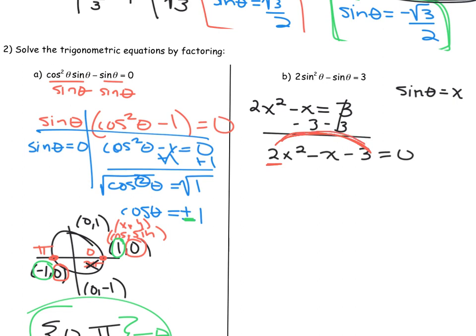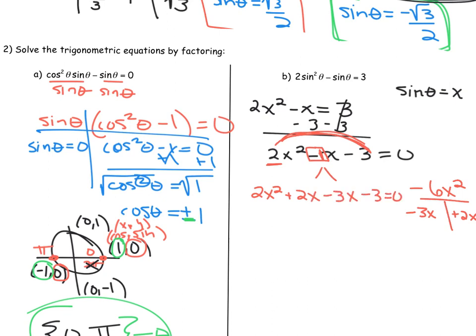I want to see what's going to multiply to negative 6x squared, but adds to negative 1. Well, we would have negative 3x and positive 2x. So I'm going to split the middle here. I have 2x squared plus 2x minus 3x minus 3 equals 0.